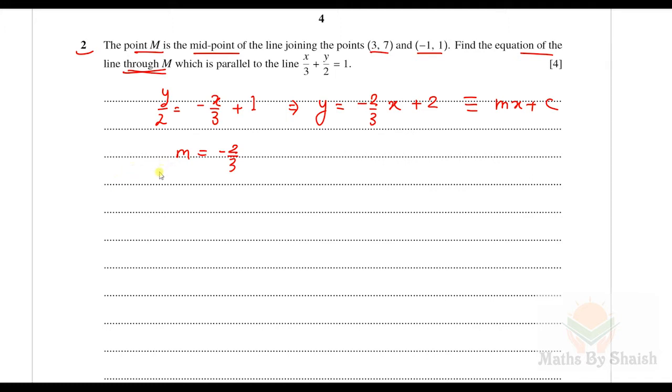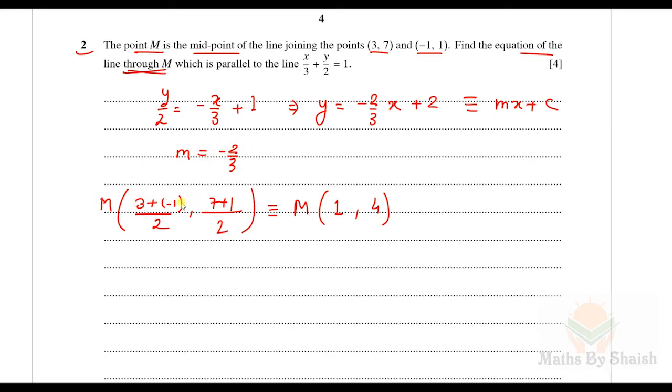Now we need to find the coordinates of M. Since it is the midpoint of the line joining these 2 points, it would be (3 plus minus 1) over 2 and (7 plus 1) over 2, or we can say M is (3 minus 1) is 2, 2 over 2, it is 1, and 4. So the coordinates of the point we got.